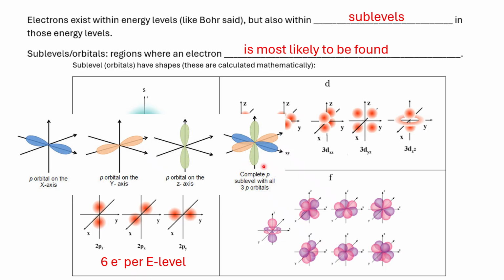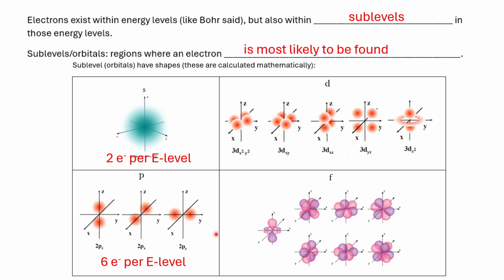I just wanted you to understand that the nucleus would be located right in the middle here, and your 3 different orientations of your p orbitals would be surrounding that nucleus. So you'd have one going vertically, one horizontally, and one kind of coming out at you, right? But that gives you 6 total that you can have in p orbitals per energy level.